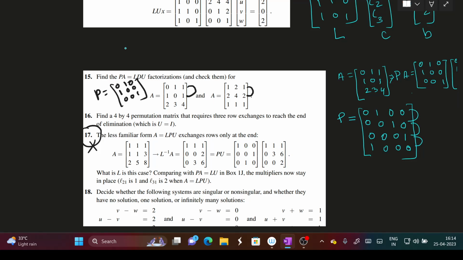So this is a matrix on which 3 row interchange operations take place. After applying them, we get our identity matrix. This is one example.